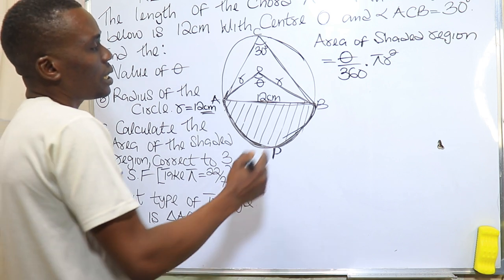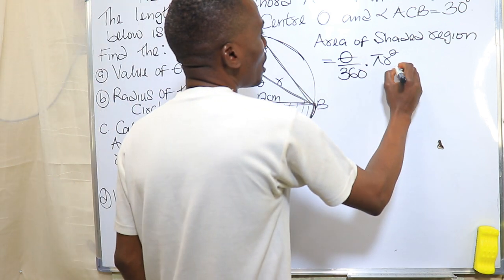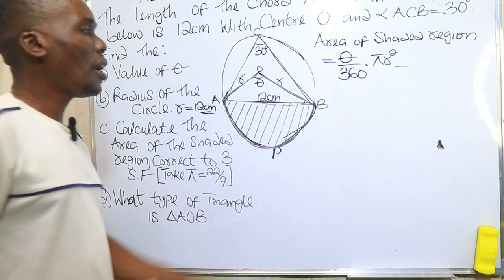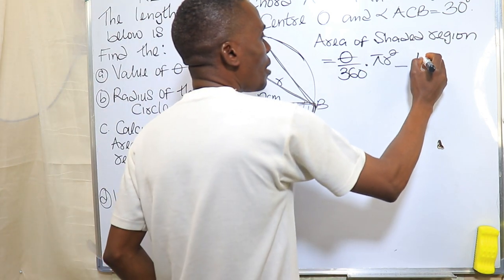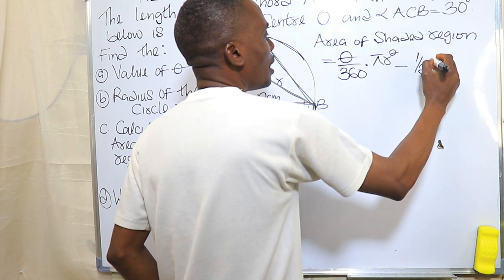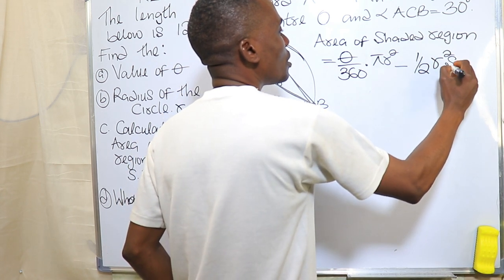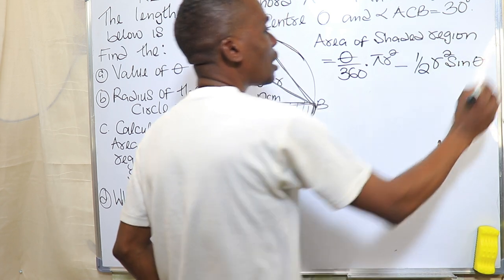Now if we look at that area of the sector of the circle, we will subtract it from the area of a triangle. The area of this triangle is half multiplied by the base squared, sine what? Sine theta.